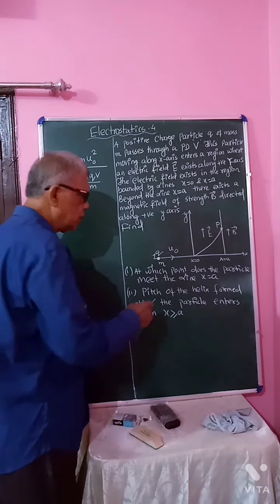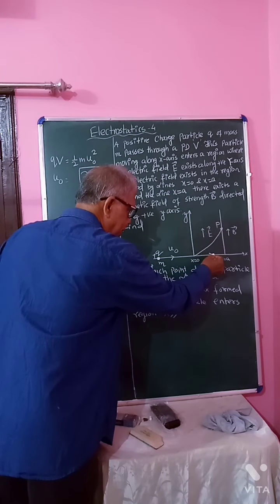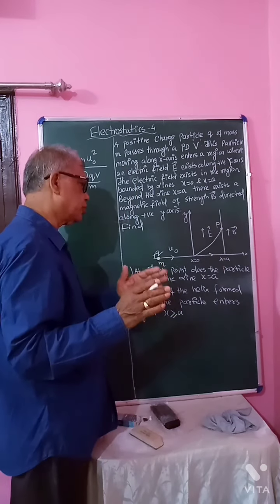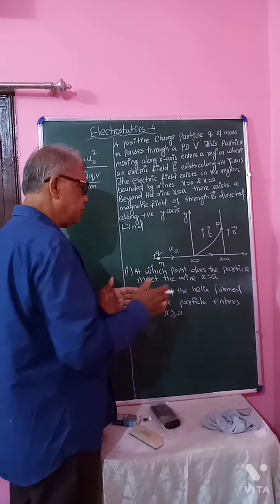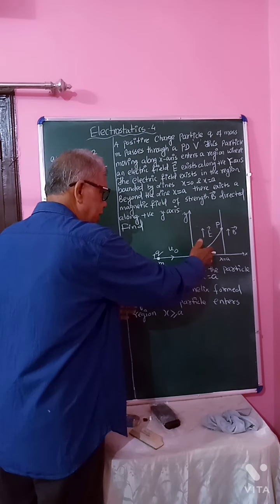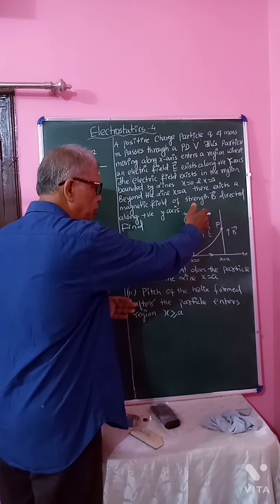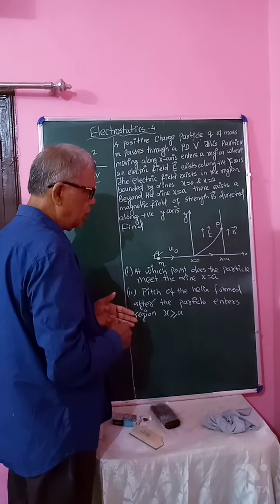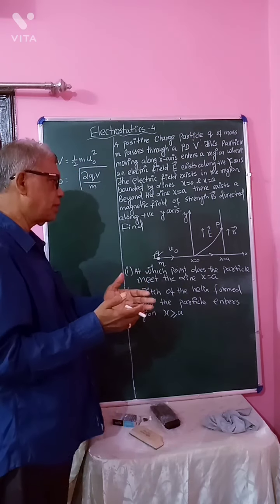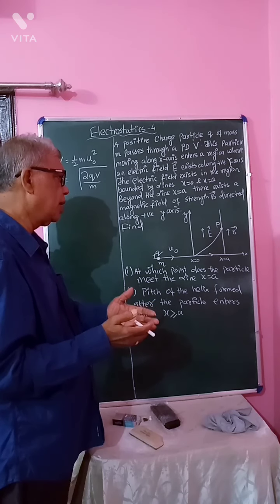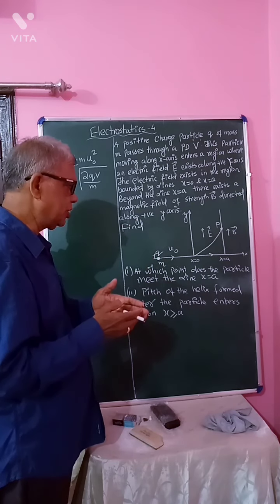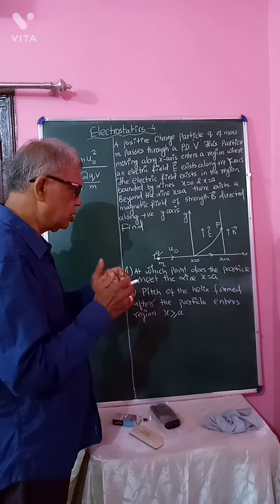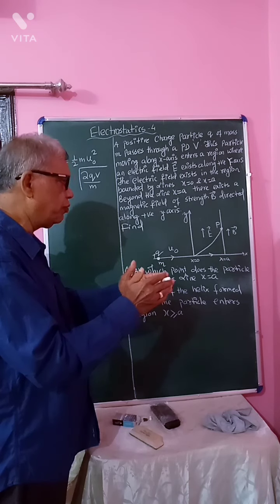See, the motion along the x direction remains uniform, because the force is exerted on the particle along the positive y-axis, whereas the acceleration of the charged particle is along the positive y-axis and the motion along the x-axis is uniform.